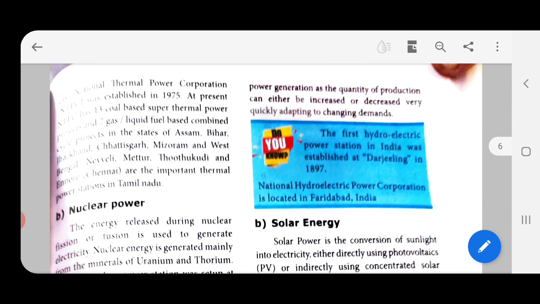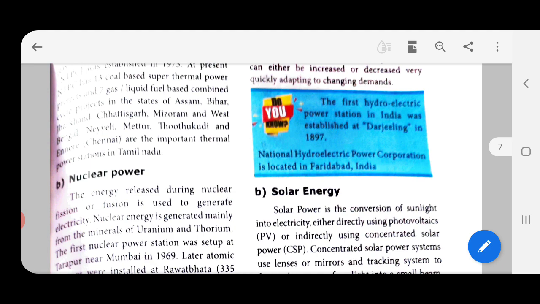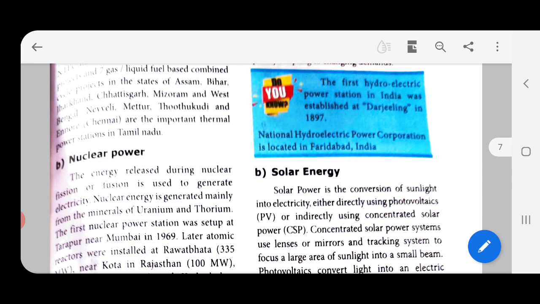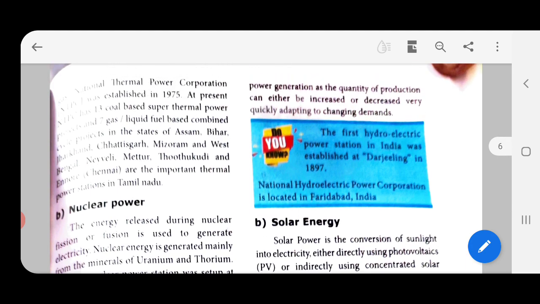At present, NTPC has 13 coal-based super thermal power projects and 7 gas or liquid fuel-based combined cycle projects in the states of Assam, Bihar, Jharkhand, Chhattisgarh, Mizoram and West Bengal. So these are the places they have.